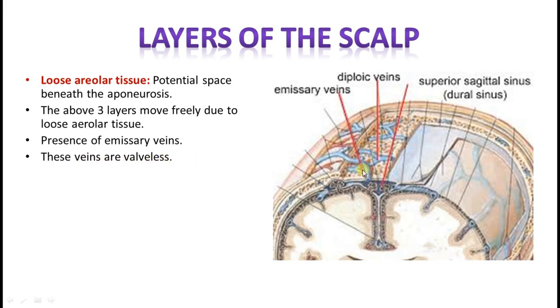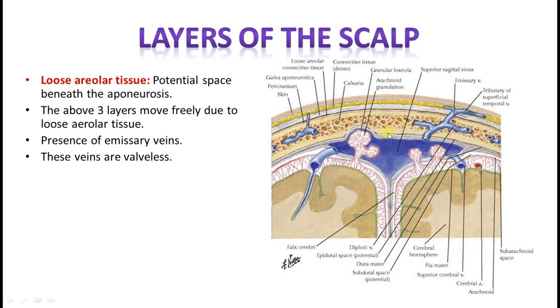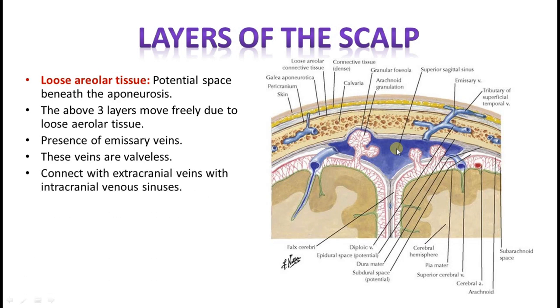But critically, this layer is very important, because in any infections or wounds of the scalp, especially in the fourth layer, infections might be transferred from the extracranial veins via these emissary veins to the intracranial venous sinuses, and that might lead to intracranial venous thrombosis.